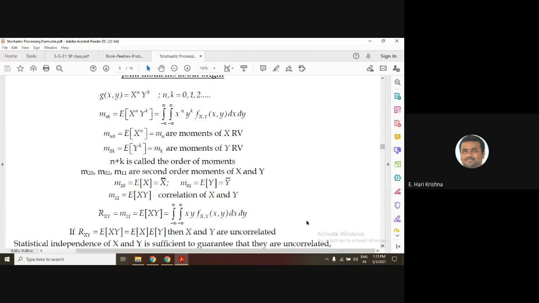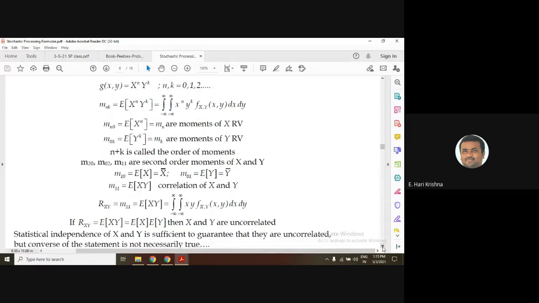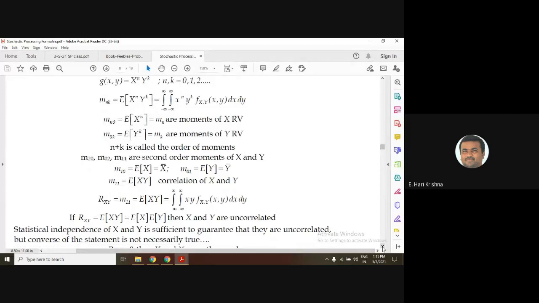So, E of XY is equal to E of X into E of Y means X and Y are statistically independent. If you write like this, we can say X and Y are uncorrelated. So statistical independence of X and Y is sufficient to guarantee that they are uncorrelated. But the converse of the statement is not always true.